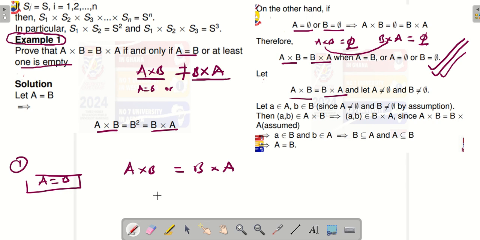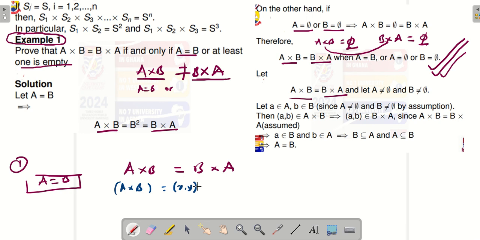Now let us assume that when you find A cross B, it is going to generate some element, let's say the ordered pair xy.